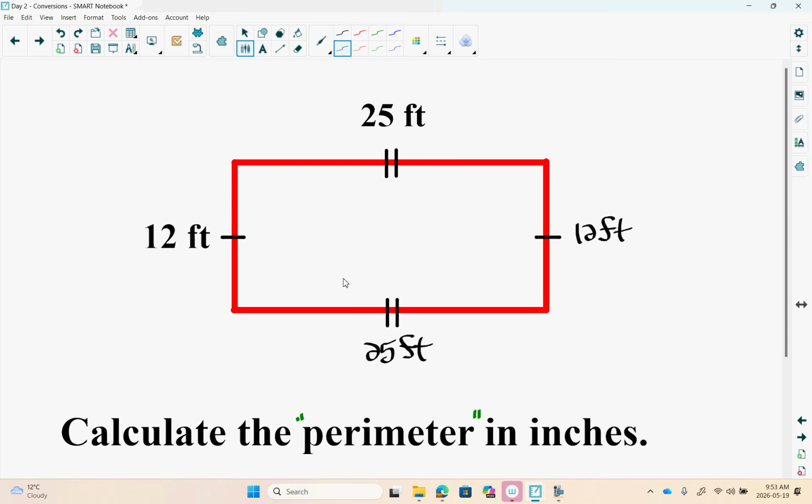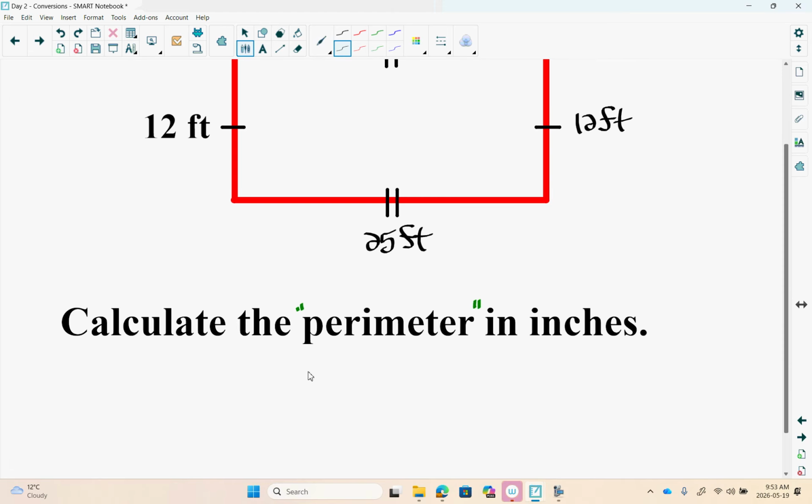What do I mean by the perimeter? It's the distance around the outside. So P for perimeter.